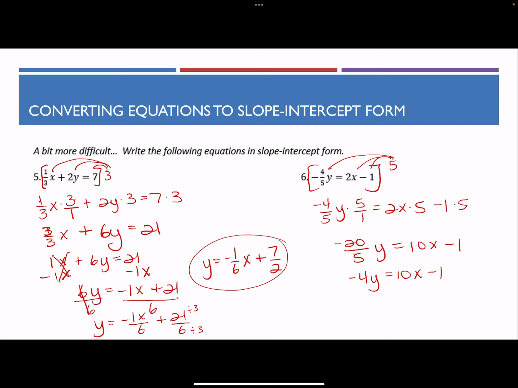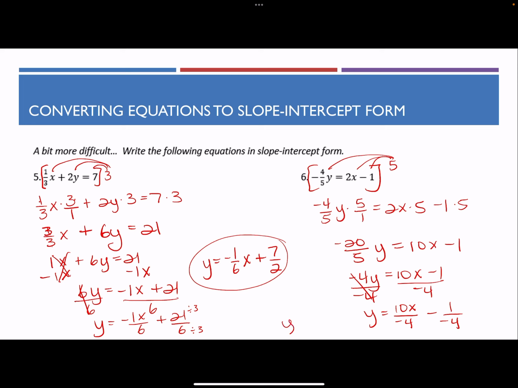Now, all we have to do to get the y by itself is get rid of that negative 4. Divide by negative 4. y is equal to 10x over negative 4 minus 1 over negative 4. And simplify.